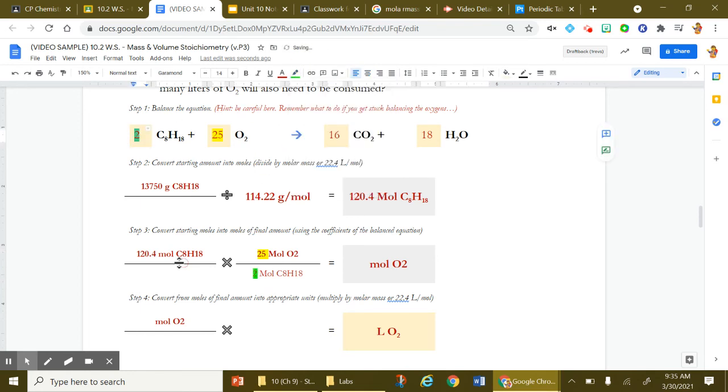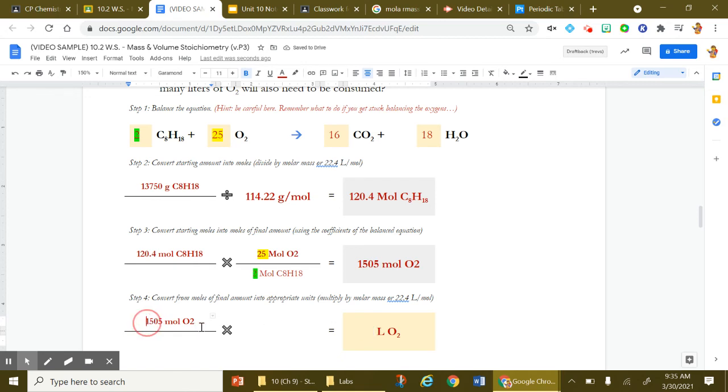Okay, so we're going to take 120.4 and we're going to multiply it by 25 over 2. And we get 1,505 moles of oxygen gas. Okay? So, our last step, we're going to take 1,505 moles of oxygen gas, and we're going to convert it into liters of oxygen gas.